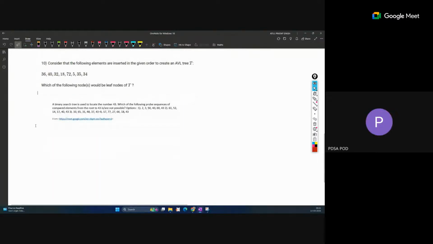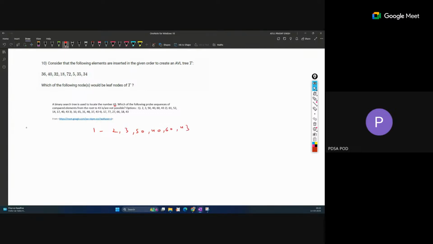So this is your question. Here, what is given: a binary search tree is used to locate the number 43. Which of the following probe sequences of compared elements from the root to 43 is not possible? This will definitely be solved by options. The first option we have is 2, 3, 50, 40, 60 and 43.